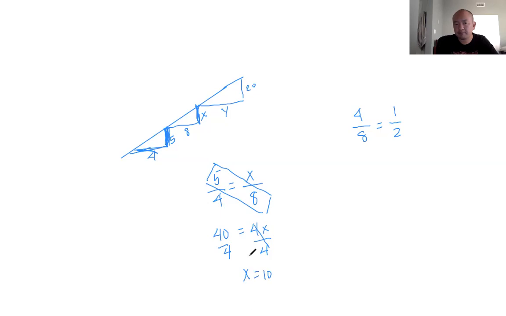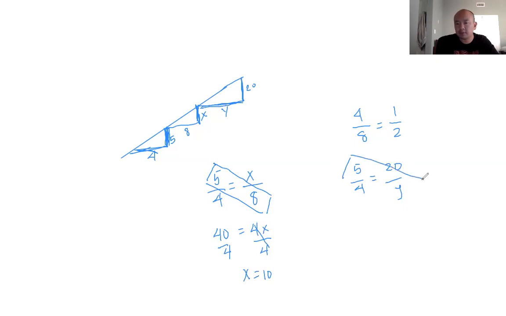All right? So now let's try to find the y here. Okay, using that same ratio in the beginning, 5 over 4. What we're going to do is we're going to make that equal to, what's the rise here? So remember, the rise is on top and the run's on the bottom. So the rise here is 20, and the run here is y.